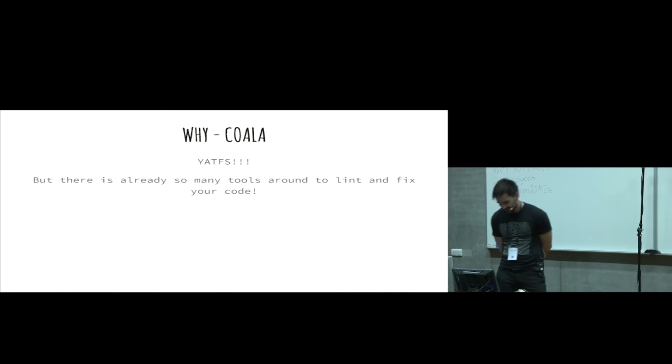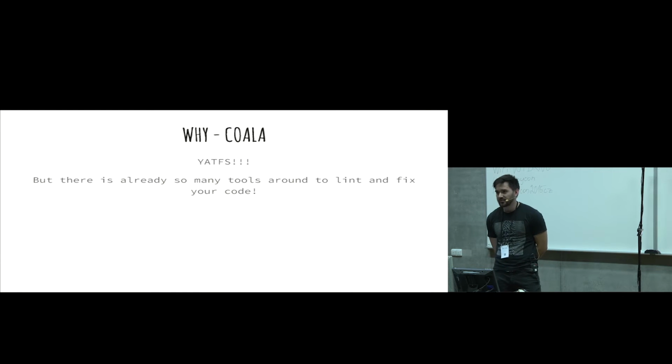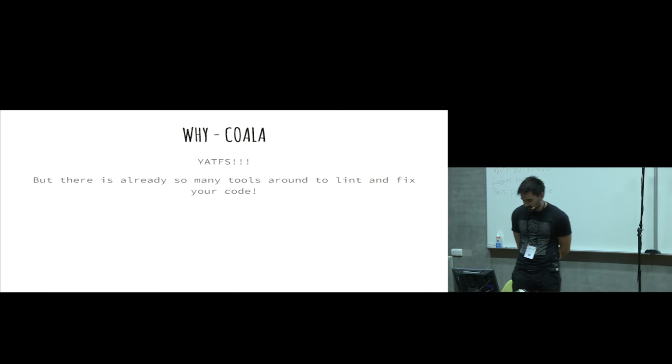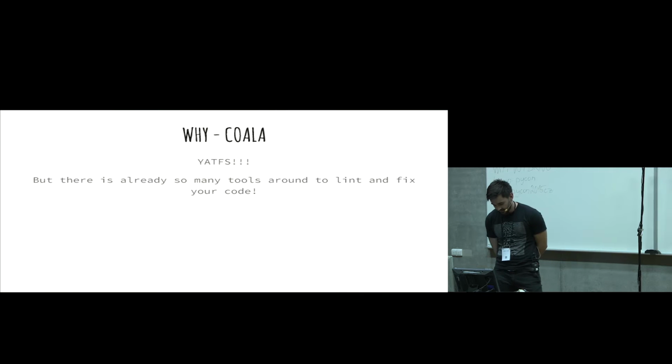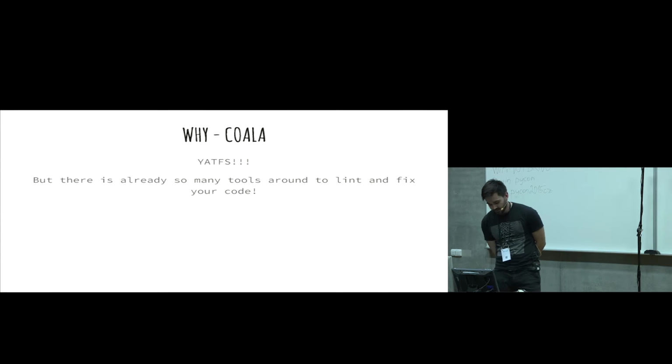So the obvious question is why Koala? Why would you develop a new tool to lint your code when there are already dozens of other linters and checkers and similar things? Because each language comes with its own linters and checkers, and it's really a pain to remember each of them, remember to use them, and remember all the commands necessary to run them.